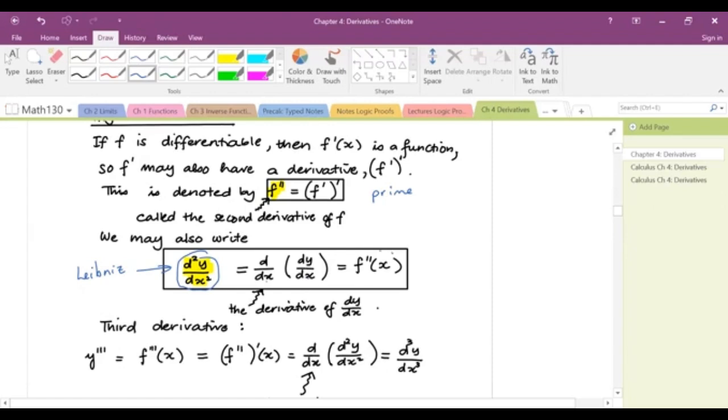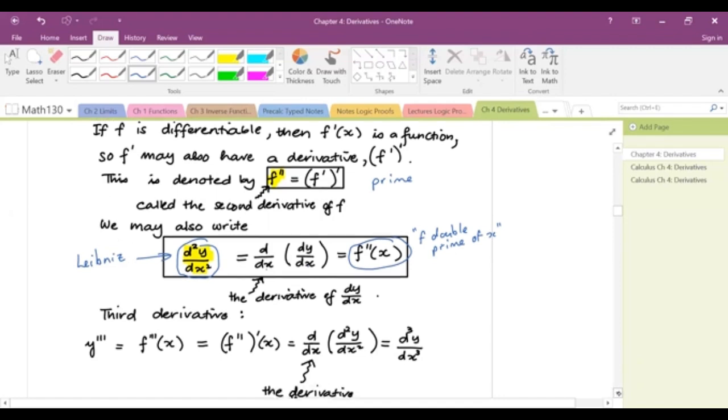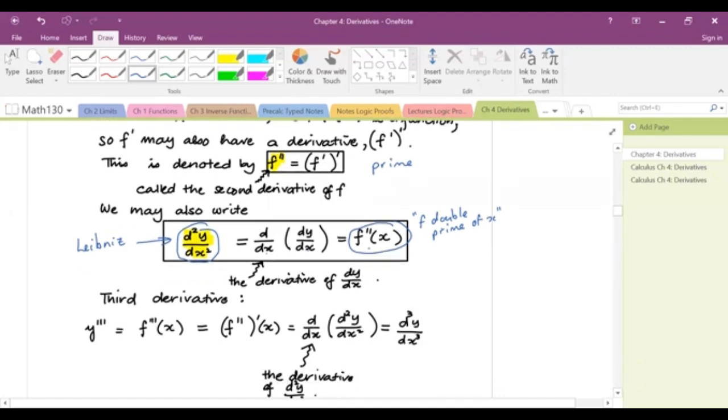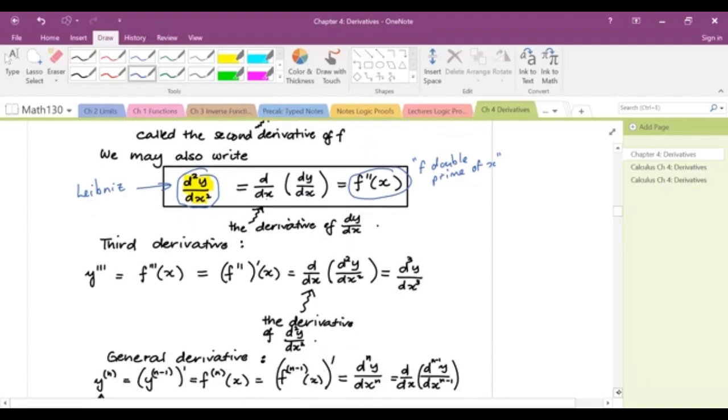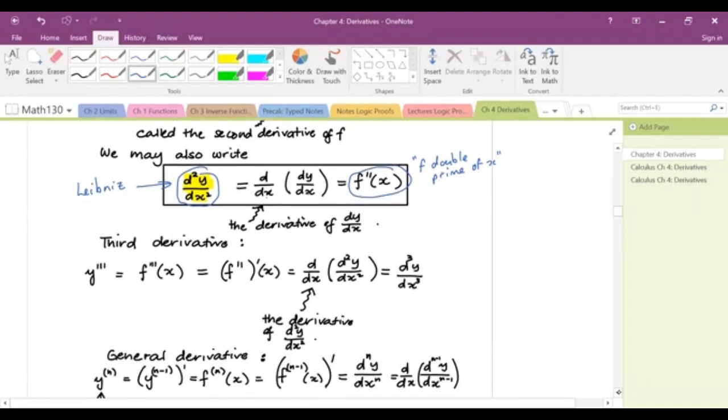Or we can say f double prime of x. These all mean the same thing. And when we differentiate the derivative, which is a function of x, we get a function of x, if x is the variable that we're talking about. So the second derivative is a function of x, which means we can find the derivative of that, and we can keep going.